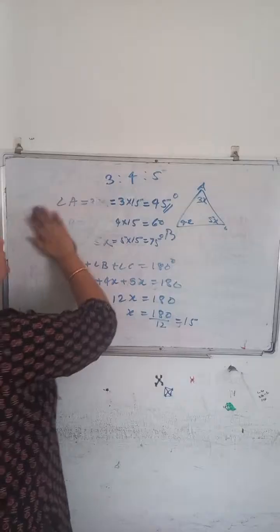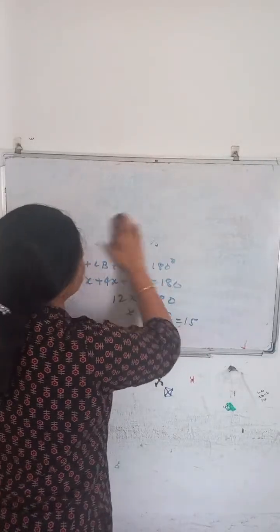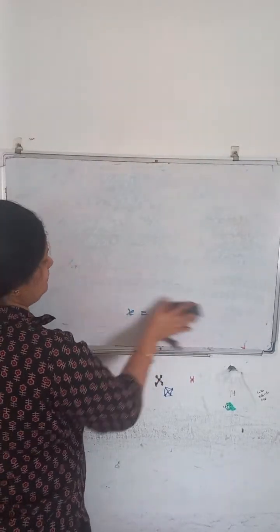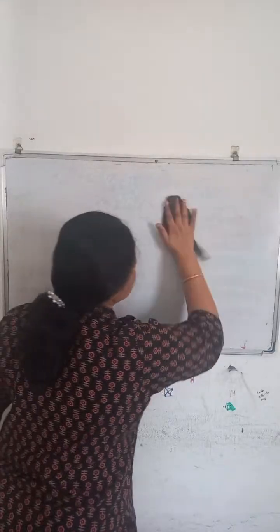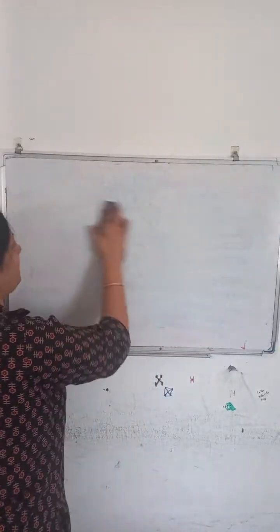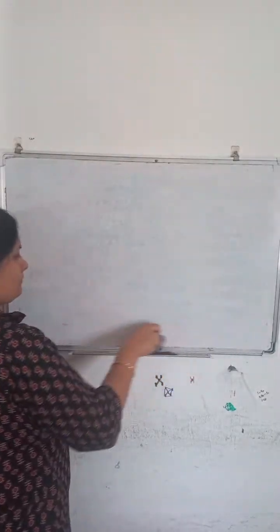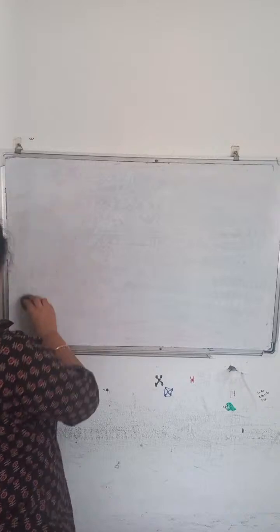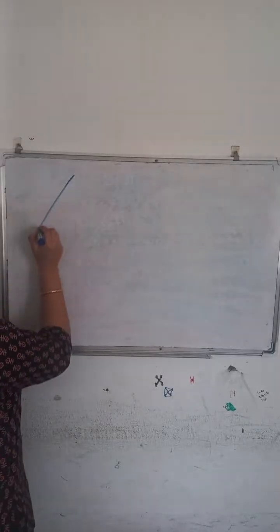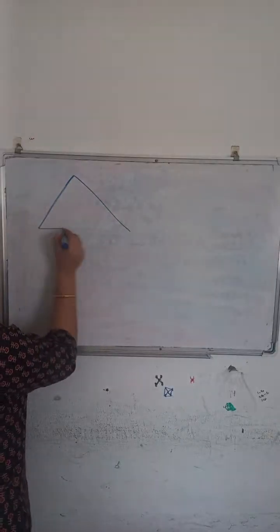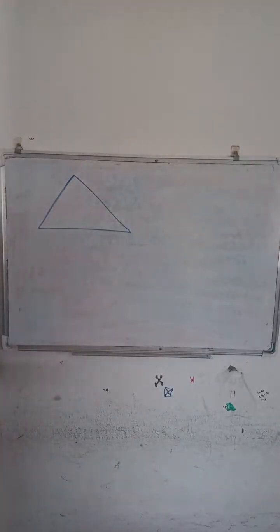I will draw the figures. You can also draw, or I will draw one by one. This is a triangle ABC.